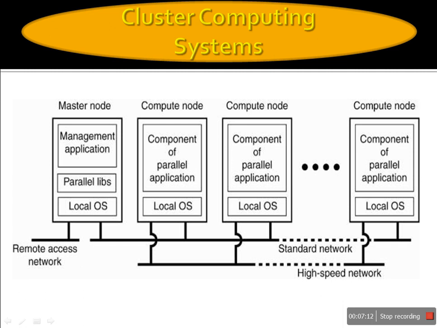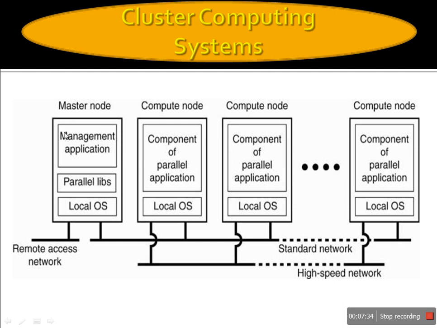This diagram shows us the concept of cluster computing. In this diagram, each cluster consists of a collection of compute nodes that are controlled and accessed by means of a single master node.